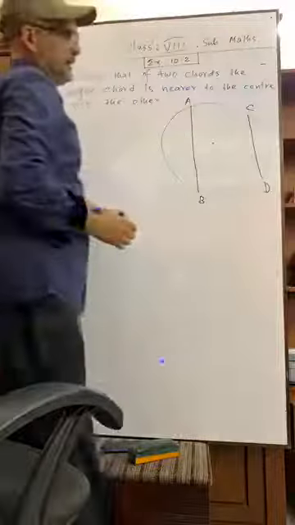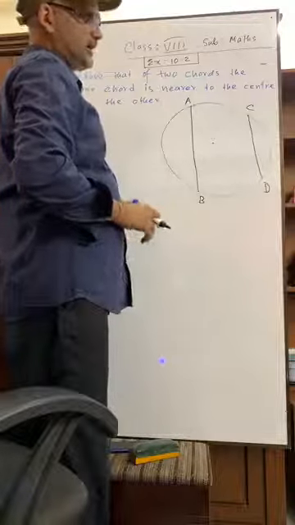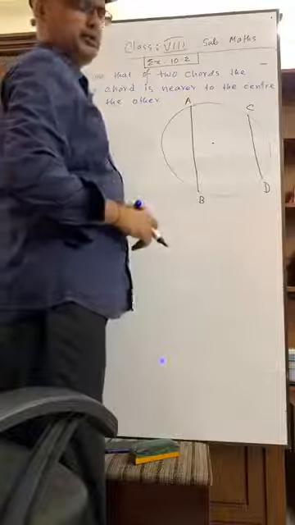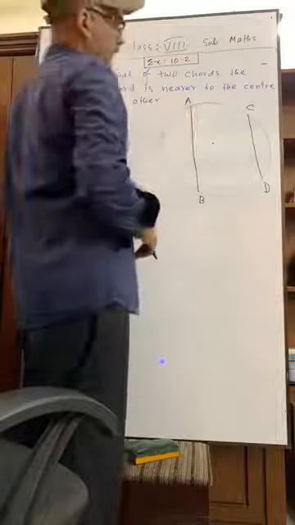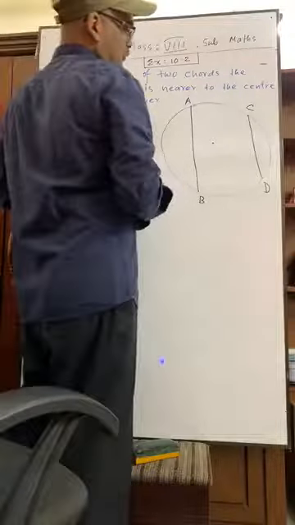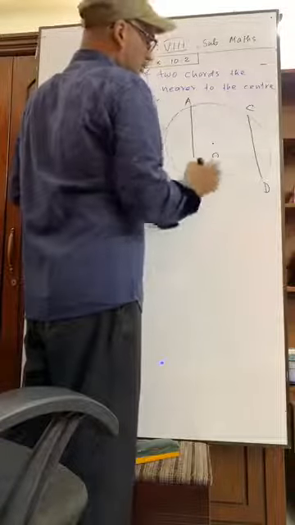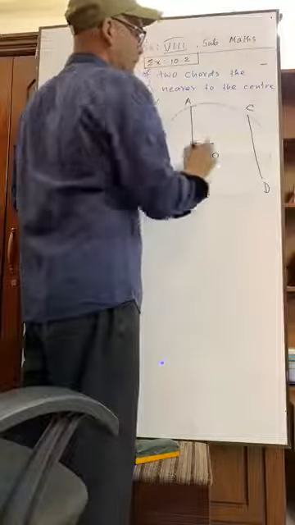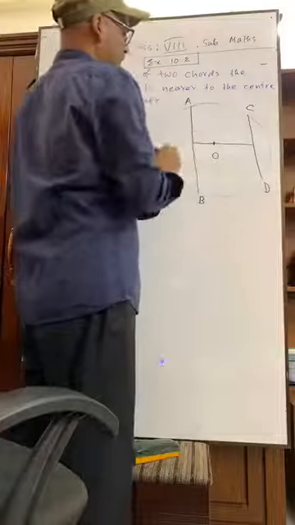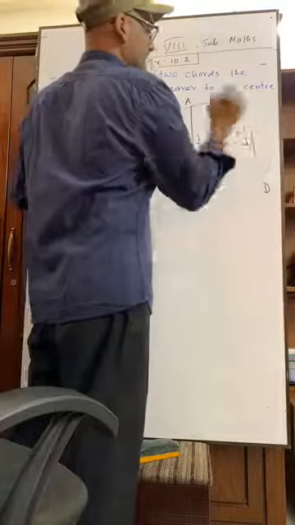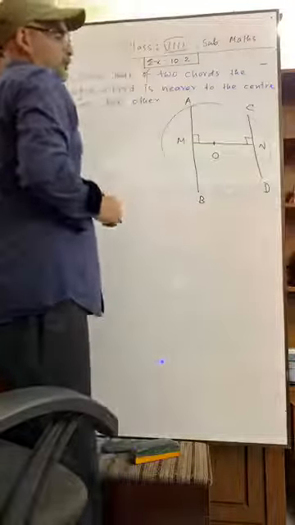Of these two chords, AB is larger than CD, right? I have drawn a circle having two unequal chords. AB is greater than CD. Then what did we do there? Always we used to draw perpendiculars. Perpendiculars have been drawn. This is M and this is N.